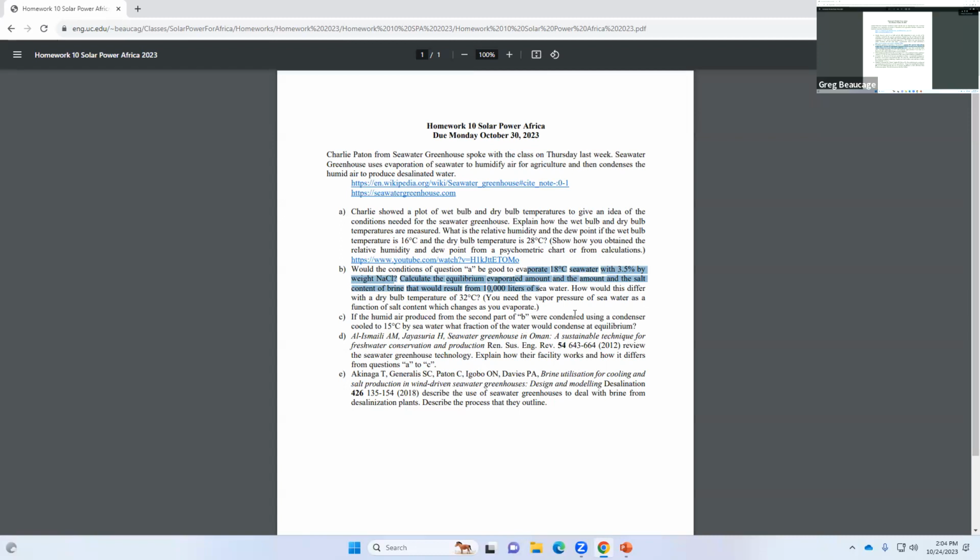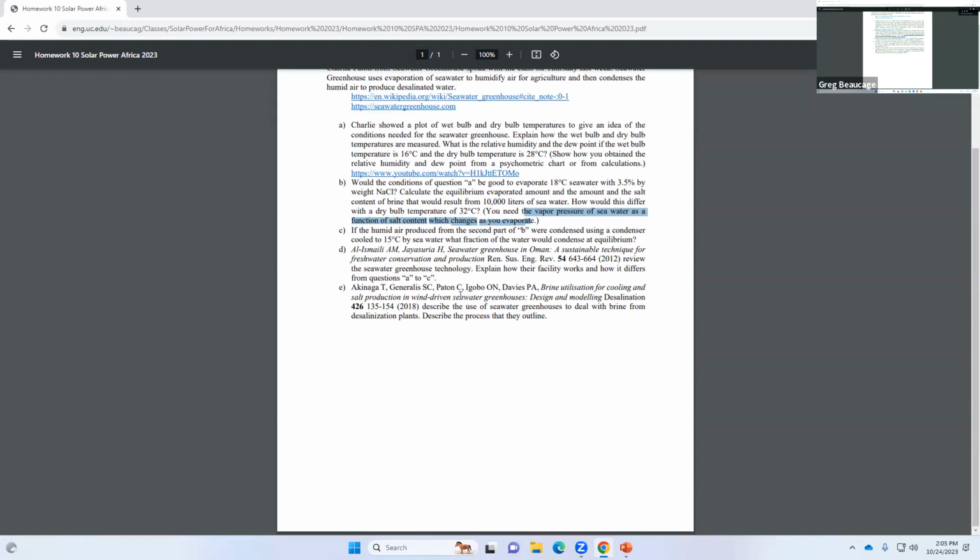But then it's got salt in it. You need to use a thermodynamic function to account for the osmotic pressure of the salt in the water, which shifts the vapor pressure. If you can't find that, let me know. It's just an equation where you put in the salt content, and you can get the vapor pressure of the water, and then you can figure out from the vapor pressure how much would evaporate.